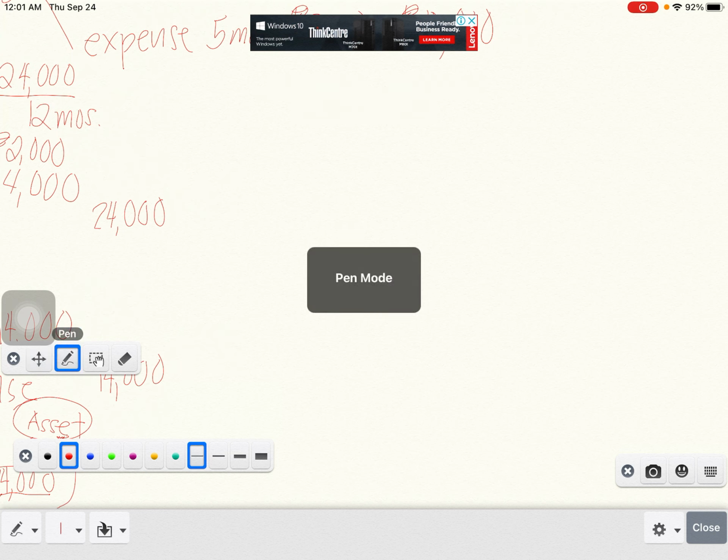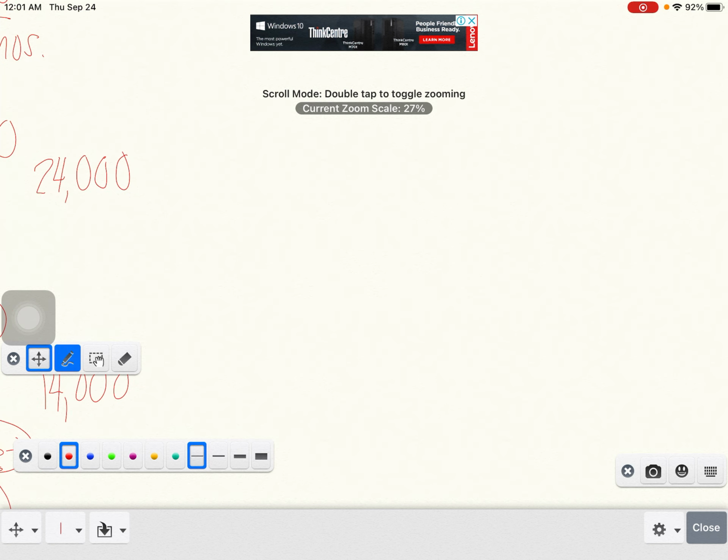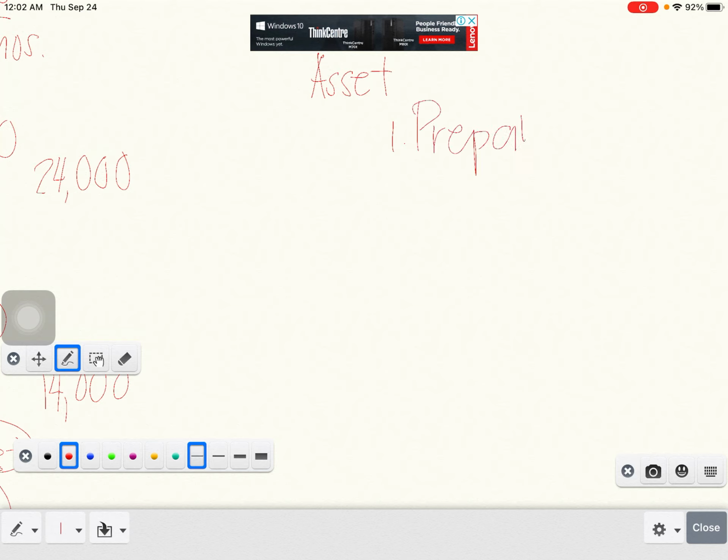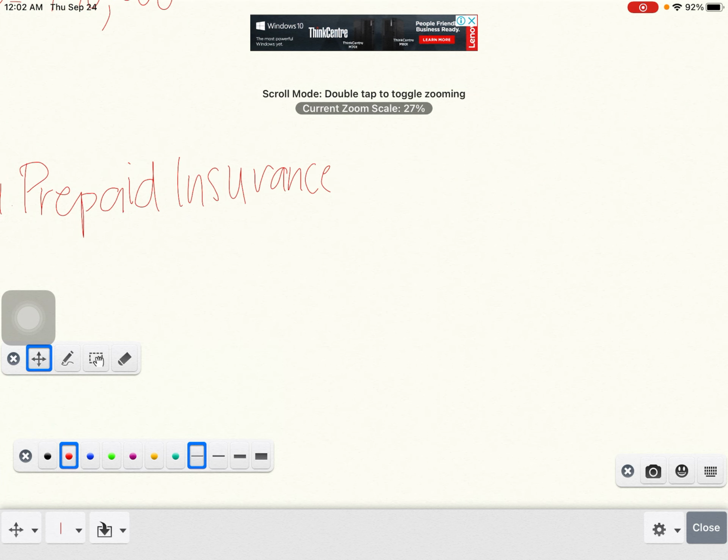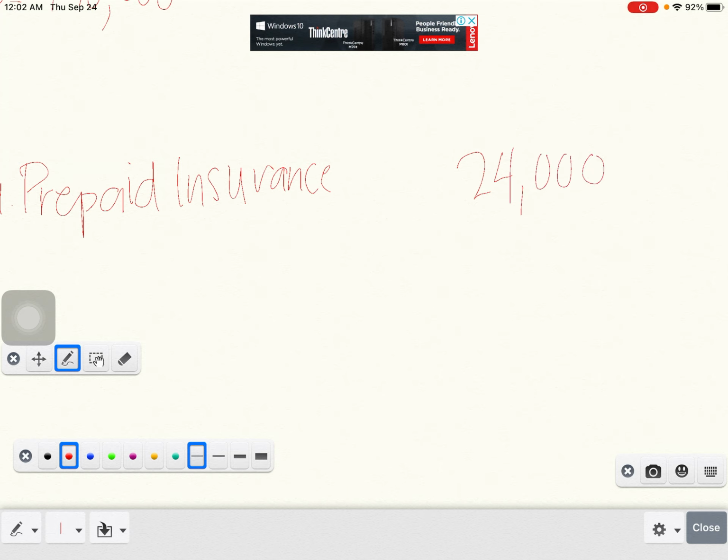How about the asset method? How would you record if it's an asset? So, instead of using insurance expense, you would use prepaid insurance. That is 24,000.